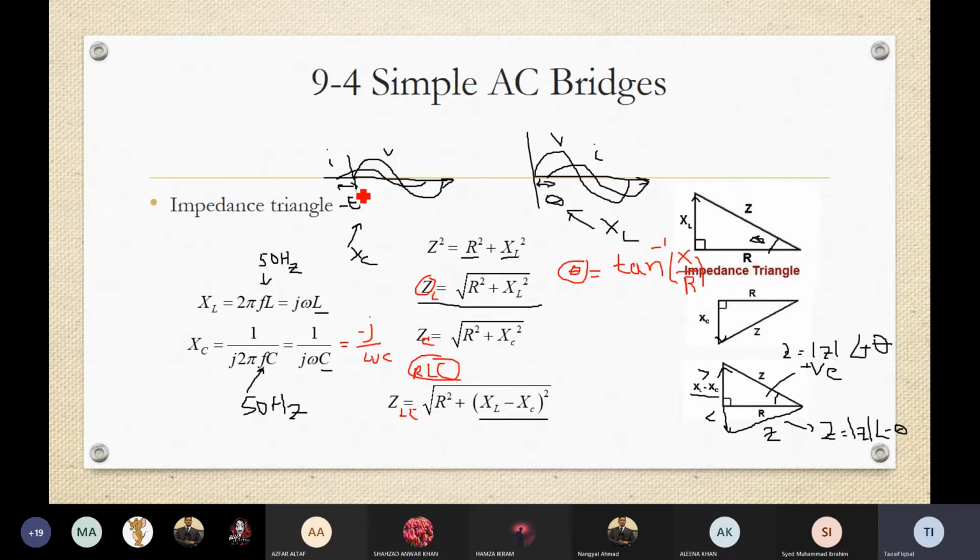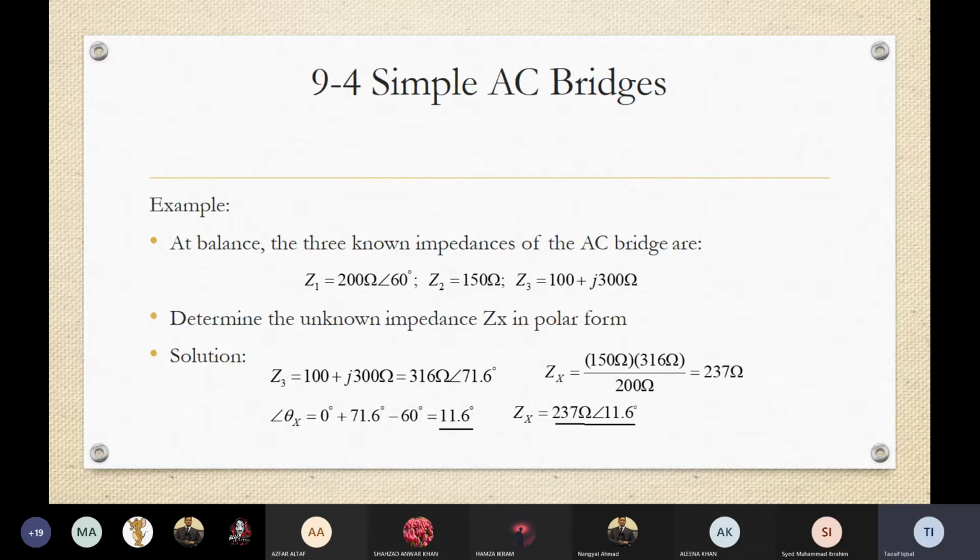If we have capacitive reactance, then current is going to lead the voltage, and in case we have inductive reactance, then current is going to lag the voltage by the phase angle theta. So keeping these things in mind, we can find out the example.